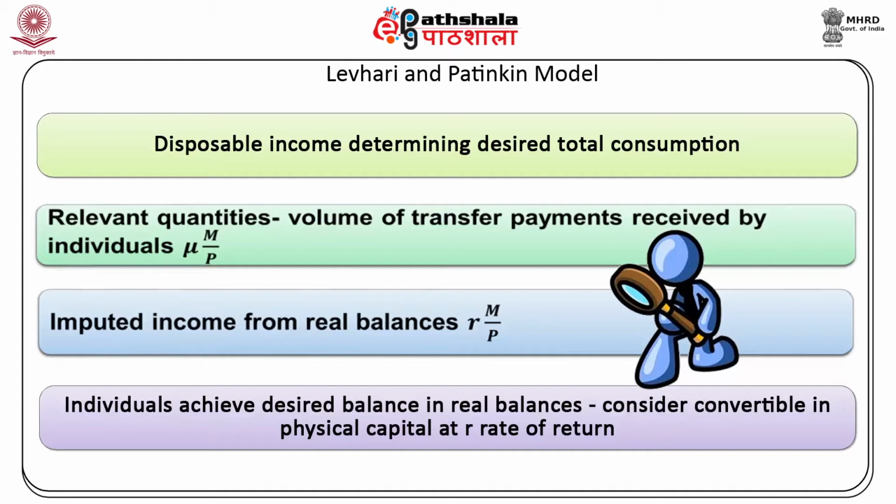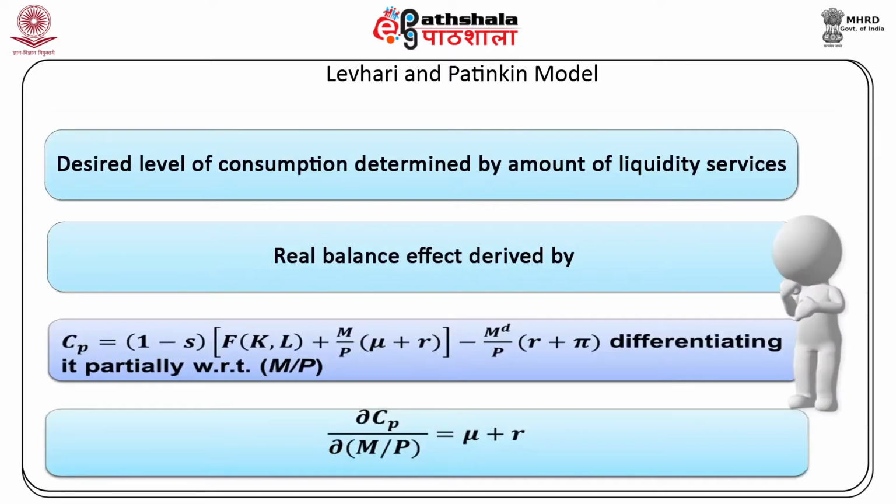Individuals always try to achieve the desired balance in their real balances, which they consider to be convertible into physical capital at R rate of return. On the other hand, the desired level of consumption is determined by the amount of liquidity services which individuals have.